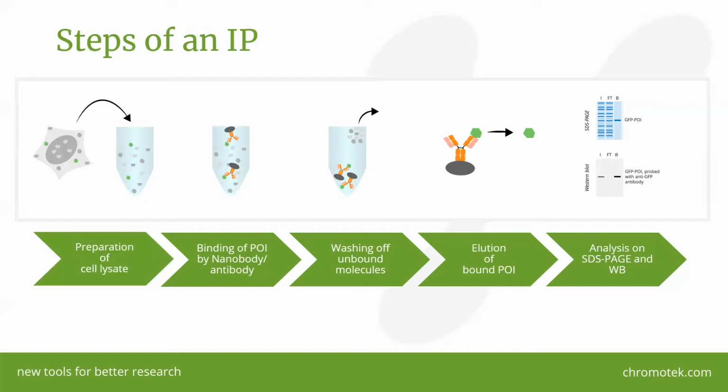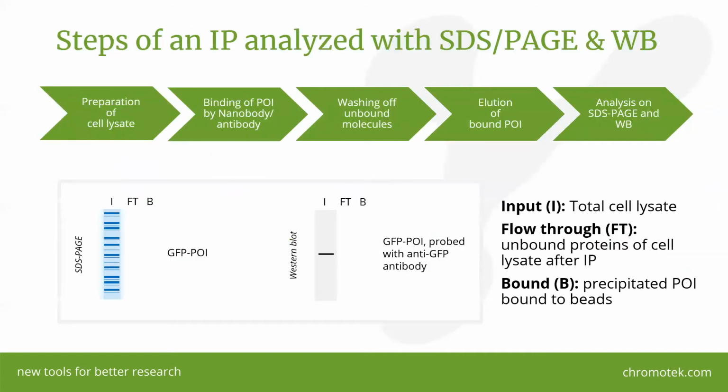The next slide shows how a typical IP result looks like on an SDS-PAGE and Western blot. So, there are normally 3 fractions present. The first fraction is the input. And I would like to add that we focus in this presentation on the immunoprecipitation of a GFP-POI protein, and we use this as an example.